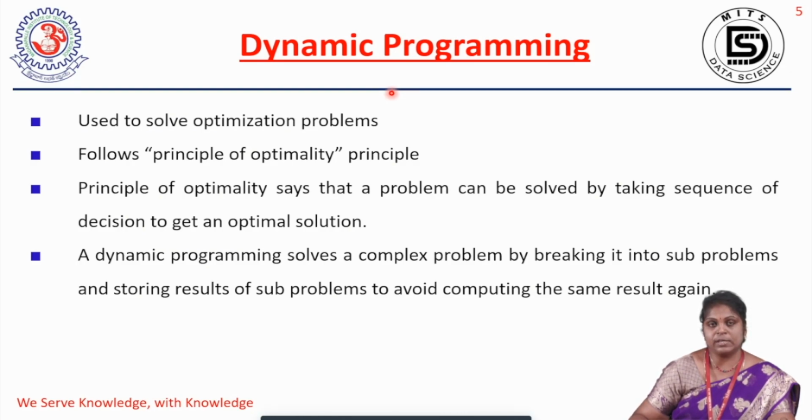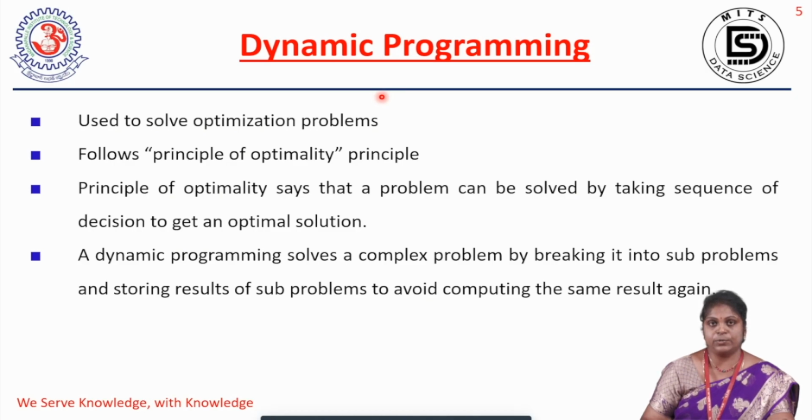In dynamic programming also, we are doing the same thing. The problem is divided into subproblems. But the thing is, in dynamic programming, we are getting overlapping subproblems. What do overlapping subproblems mean? The subproblems will be repeated more than one time. So there may be a chance of subproblem repetition.